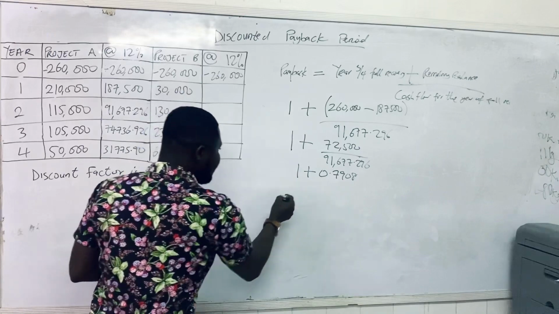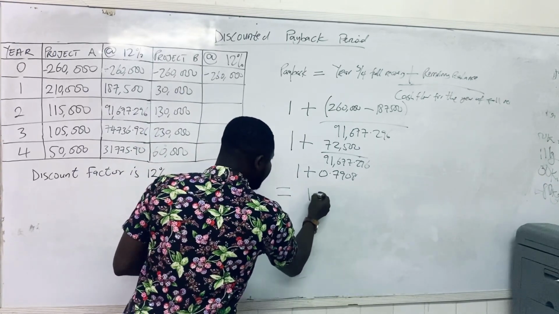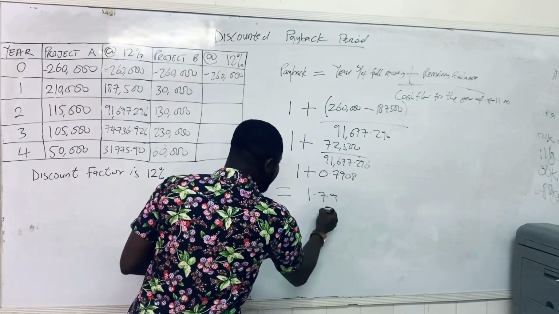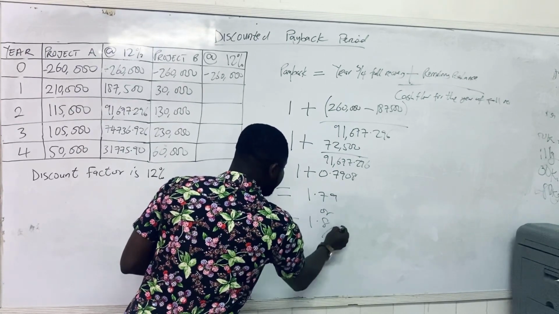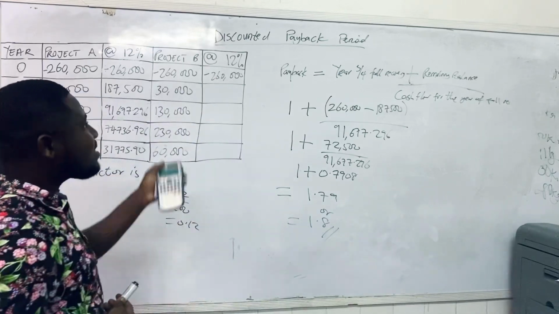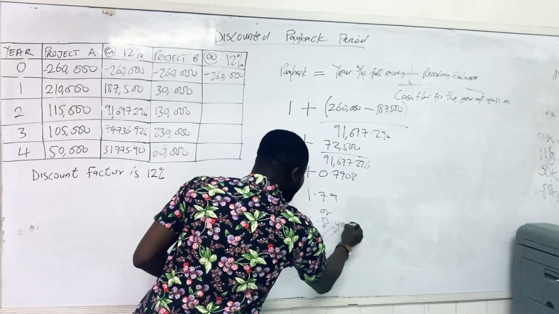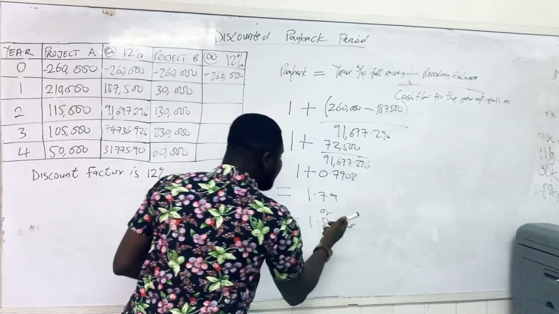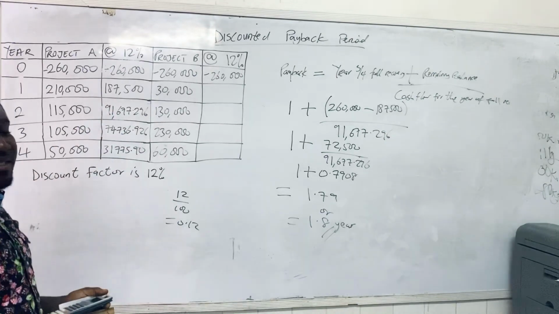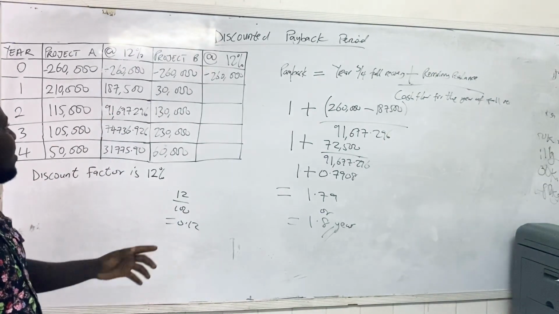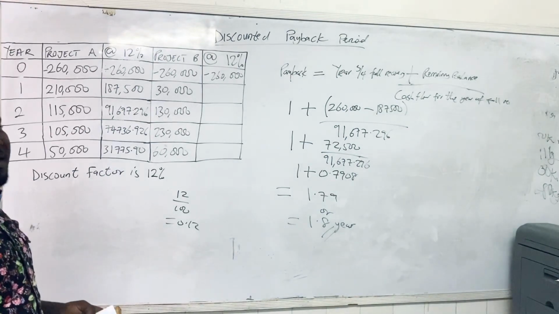Now our payback period is 1 plus this, so 1.79 or 1.8, which means that with our discounted payback period, we would be able to recover our initial investment of 260,000 under Project A in 1.8 years' time.